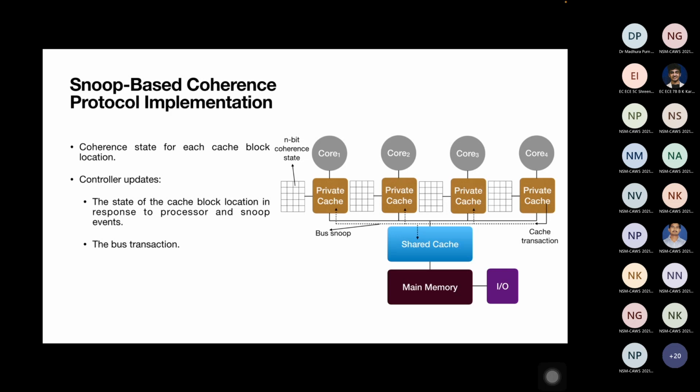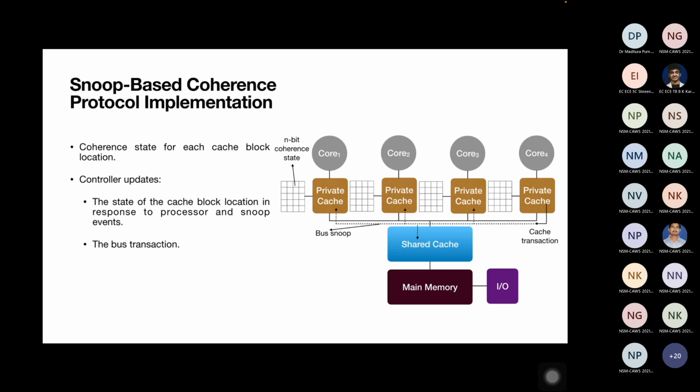It is going to place a bus read signal on the bus and it places the block in the shared state. Any core which sees the transaction as bus read can try to supply the data. Generally, we consider here only if the other core has the data in a modified state, it can supply. If that is not the case, the lower level cache, the shared cache, is going to supply the data when it sees a bus read transaction.